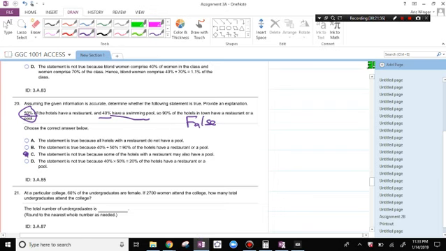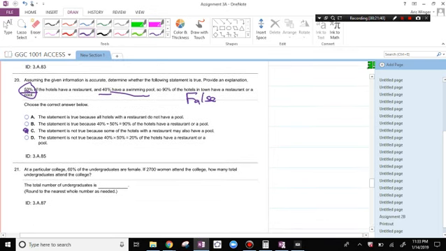At a particular college, 60% of the undergraduates are female. If 2,700 women attend the college, how many total undergraduates attend the college? Okay, so we're assuming that 60% of the total is 2,700.